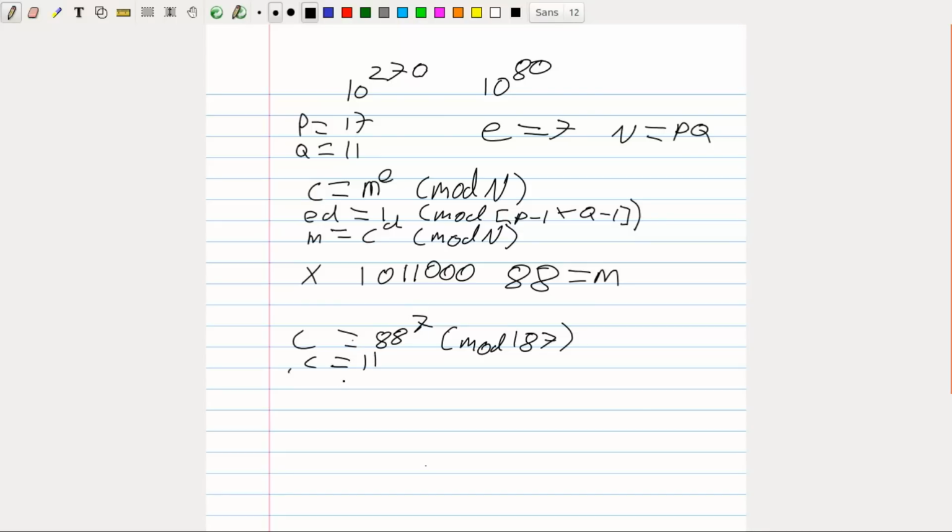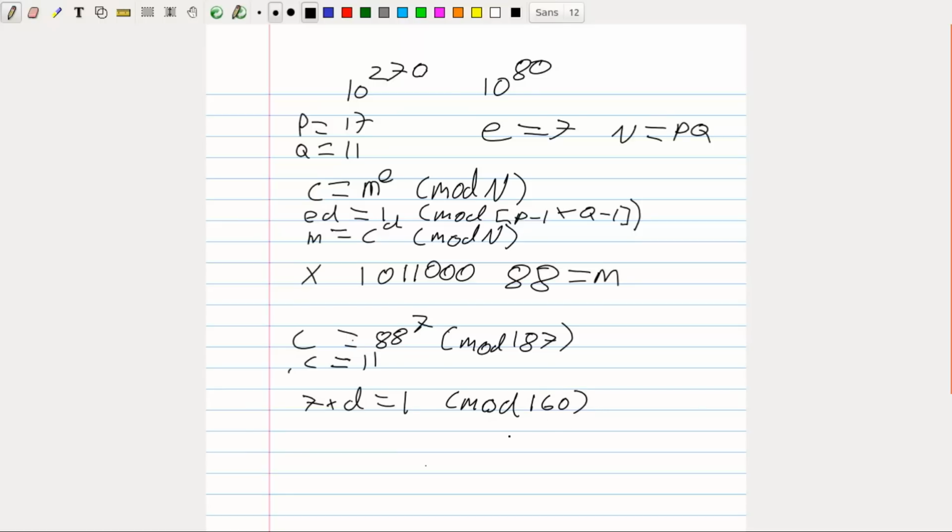And now what we need to do is find the decryption key so that we can use it in the final equation to get M back again. So if we do that, what we find is we get 7 times D is equal to 1 mod P minus 1, so 17 minus 1, 16, times Q minus 1, 11 minus 1 is 10, so 16 times 10 is 160.